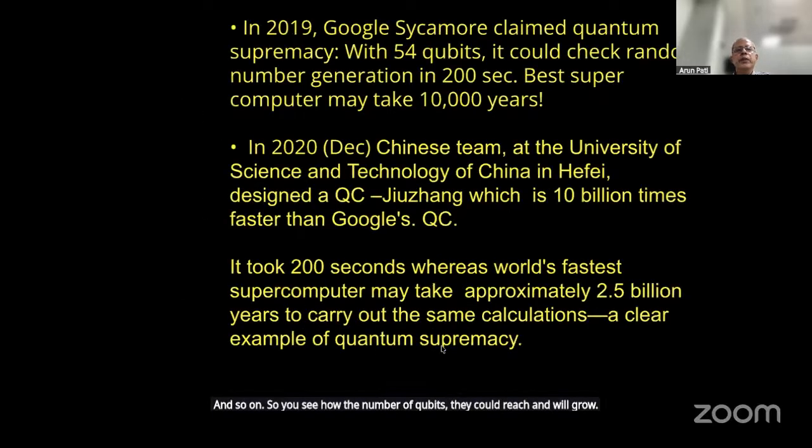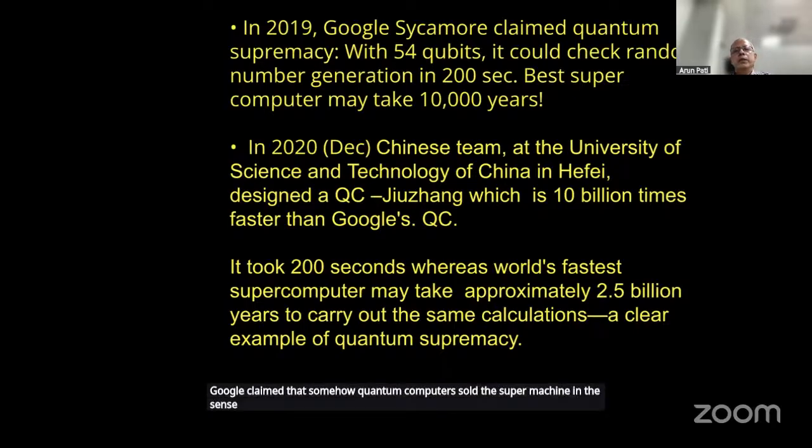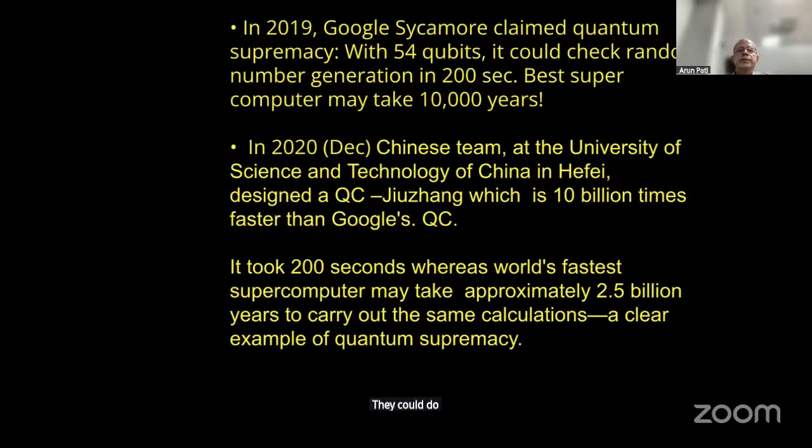And in 2019, there was big news that Google claimed that quantum computers showed supremacy in the sense that they could do some task with 54 qubits, which they could solve in 200 seconds, whereas the best supercomputer may take 10,000 years.